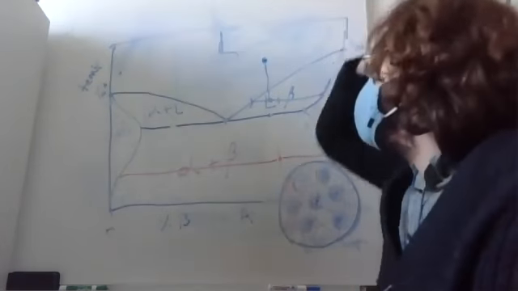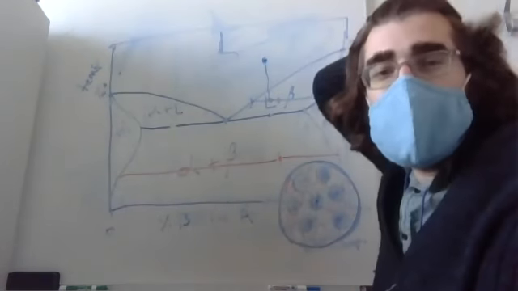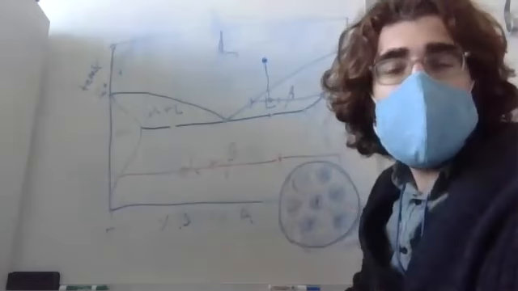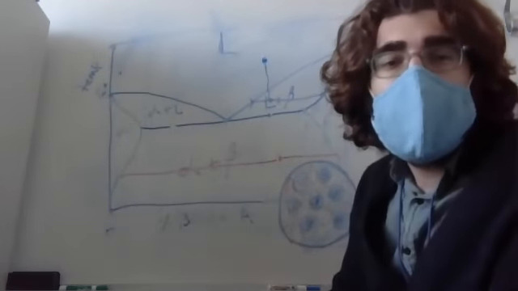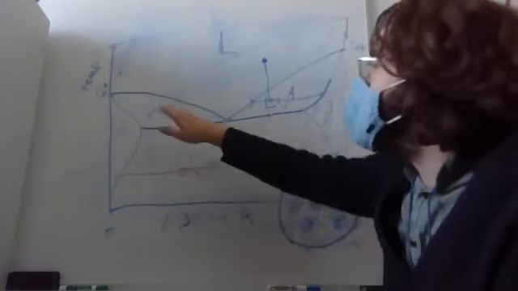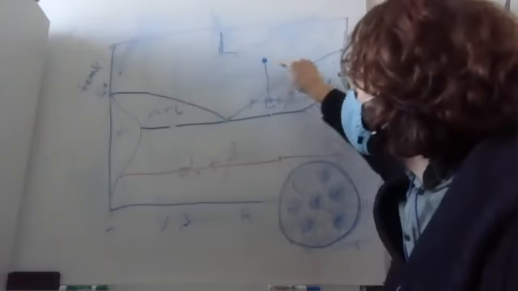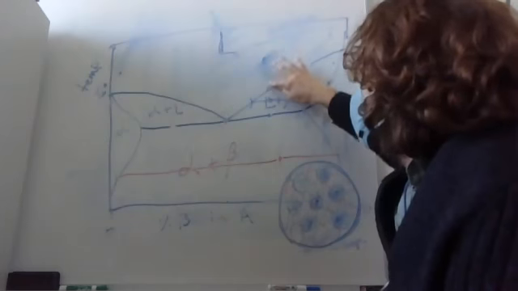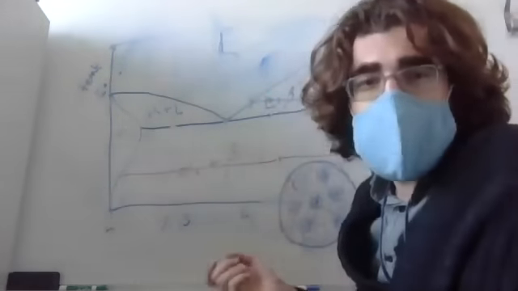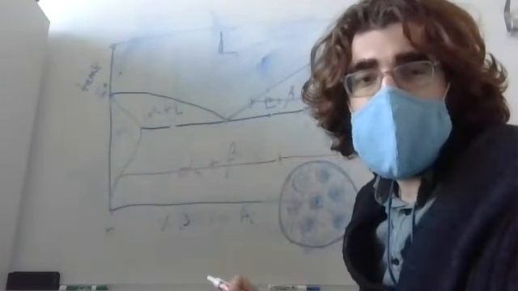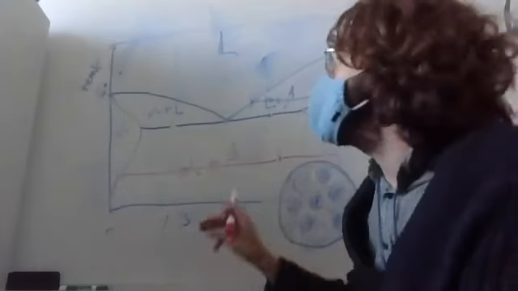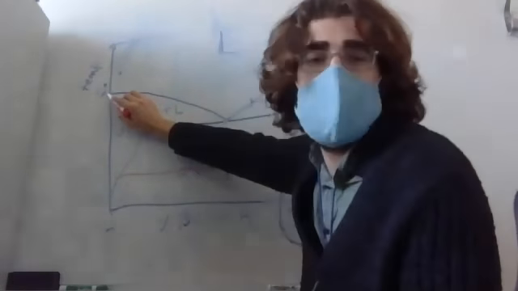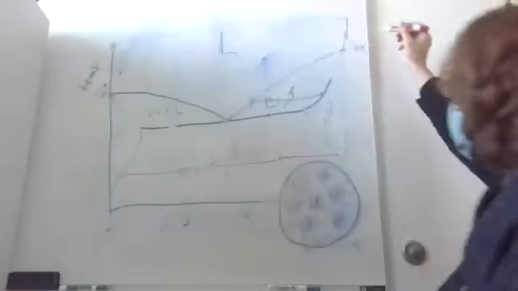So this diagram is also very interesting because if we look at the liquidus lines up top here, when I was learning this stuff, you would think, okay, melting point of A is here and melting point of B is here.